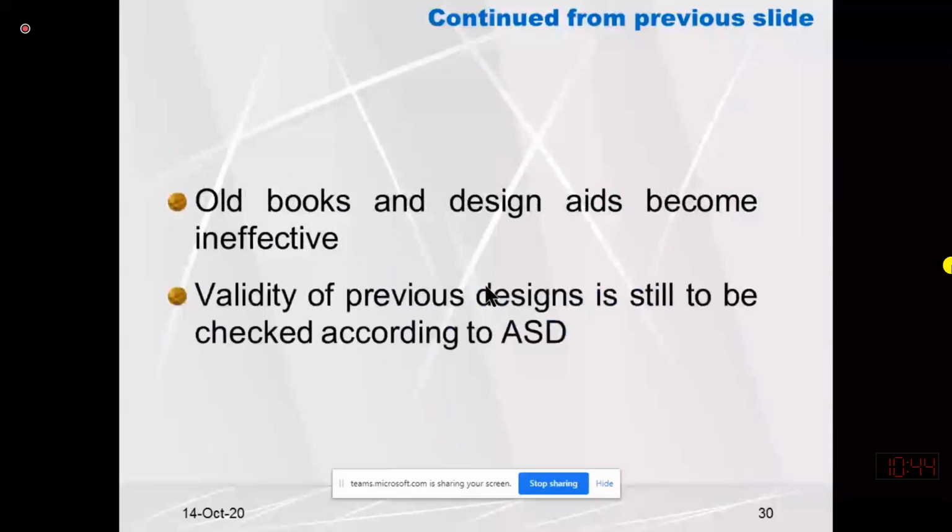Validity of previous designs is still to be checked according to ASD. If a building was designed 30 years ago, at that time it was probably designed considering only the ASD method. So if we want to evaluate it accurately, we have to use the ASD method. Otherwise, we cannot properly estimate it.